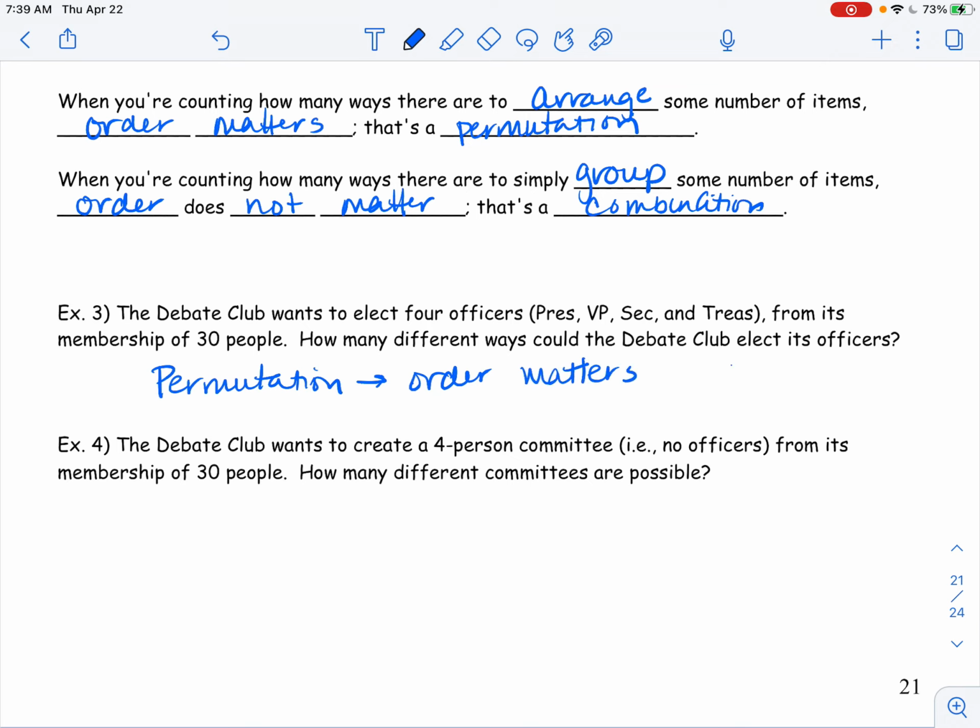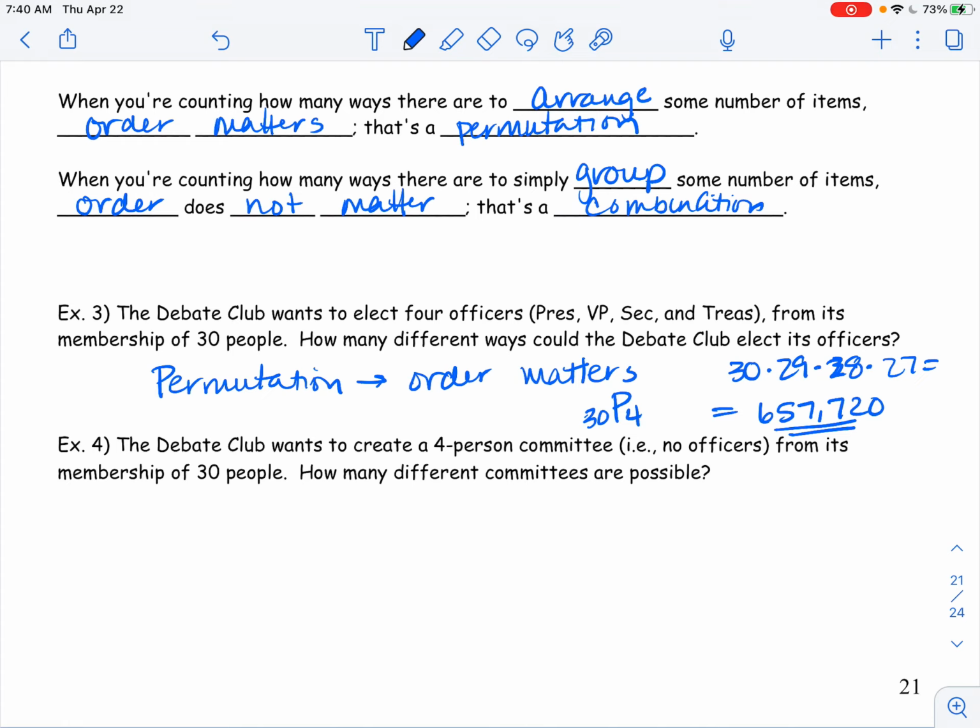You have 30 to fill the first slot, 29 for the second, 28 for the third, and 27 for the fourth. That is 657,720 ways the debate club could elect its officers. That is the same thing as 30 pick 4. If you put that in your calculator, you'll get the same number.